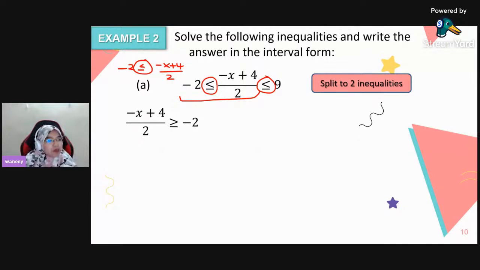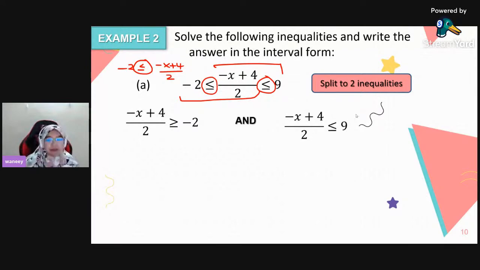And another one is on the right hand side: negative x plus 4 over 2 less than or equal to 9. And then of course, they must happen at the same time. So remember, right in the middle, you should write down "and" because they must happen at the same time.